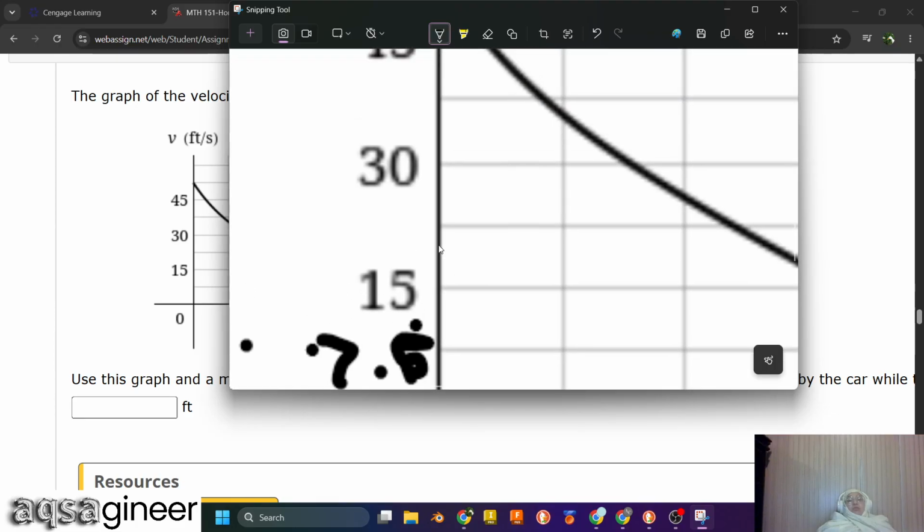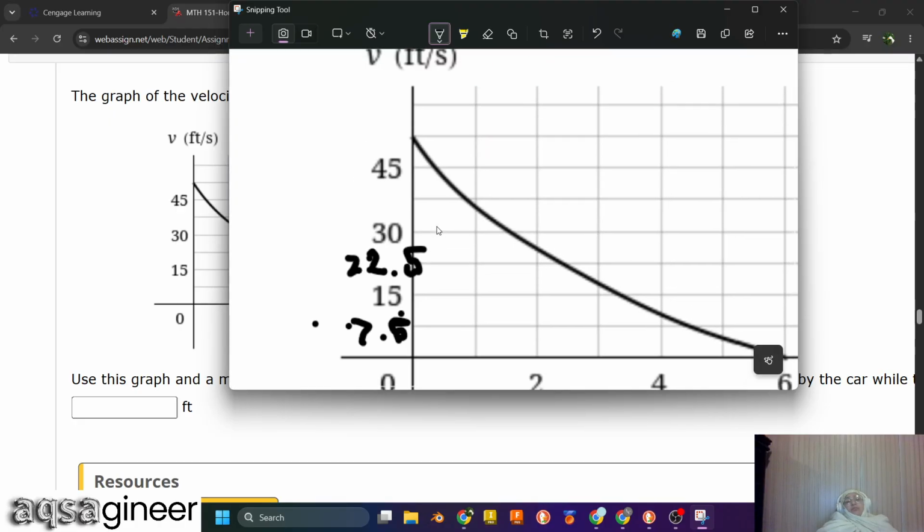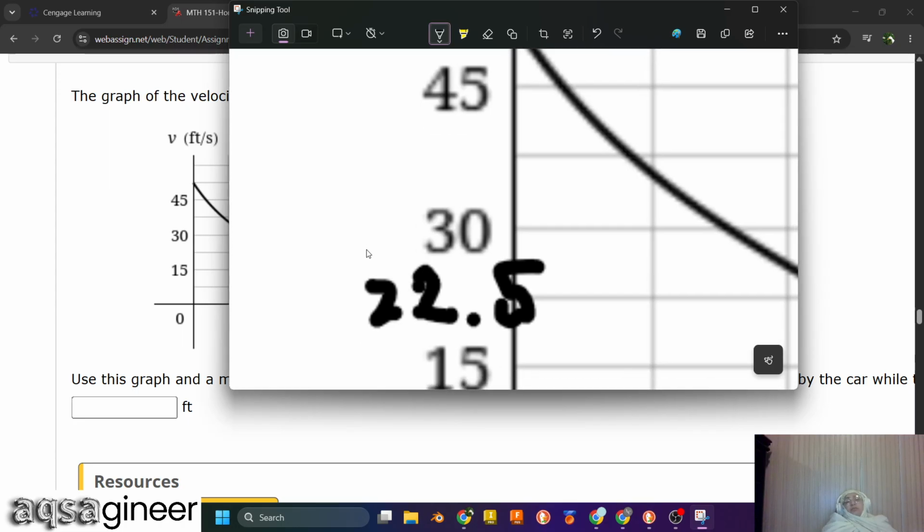15 plus 7.5 is 22.5. Yes, it's 22.5. 22 plus 7 is 29, plus 1 is 30. So 22.5, then 30, and 30 plus 7.5 is going to be 37.5.